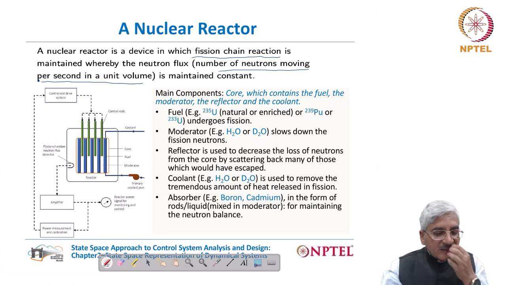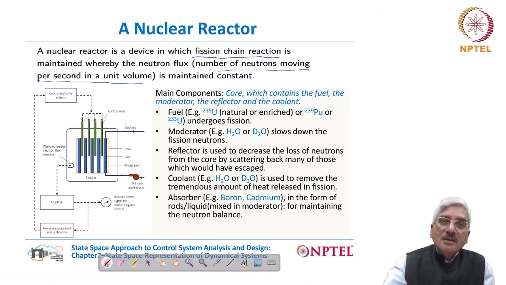So in a nuclear reactor, essentially we have to operate so that its neutron flux level is constant, and that is done if the fission chain reaction is maintained at a constant rate.